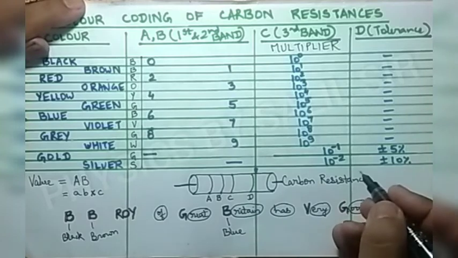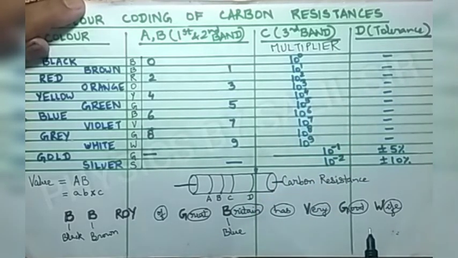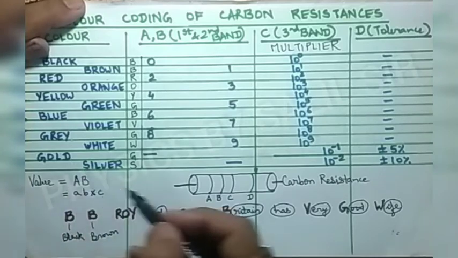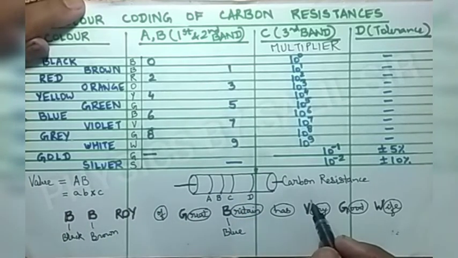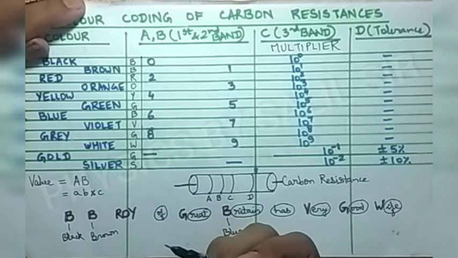And now the fourth band is the band of tolerance. In each and every resistor we will find either gold or silver as the fourth color.